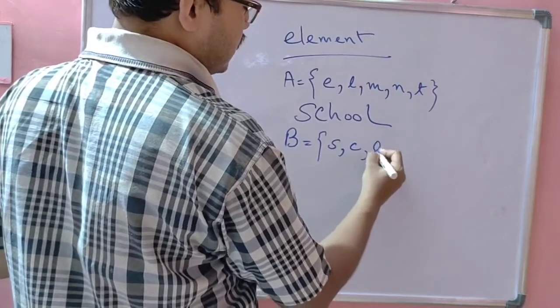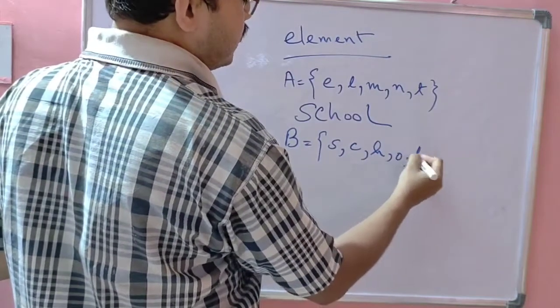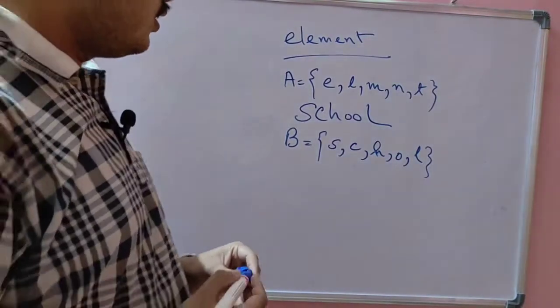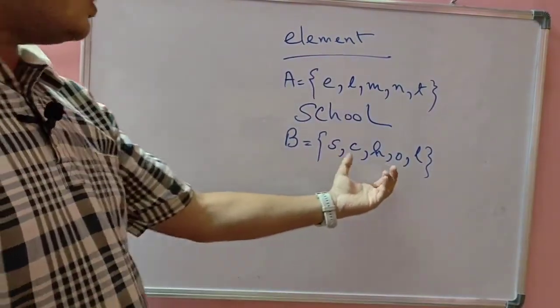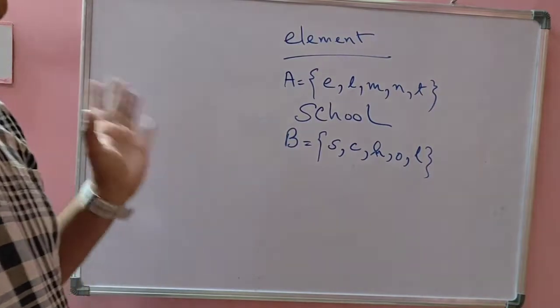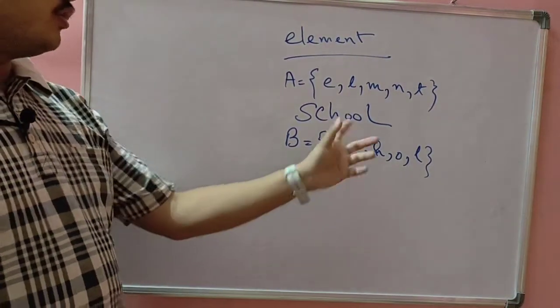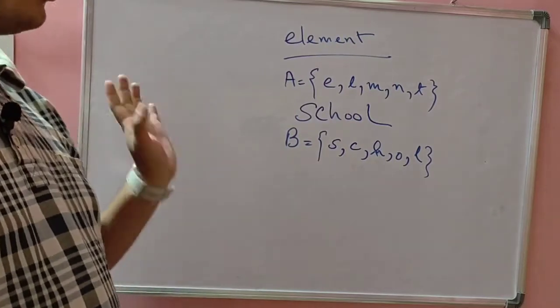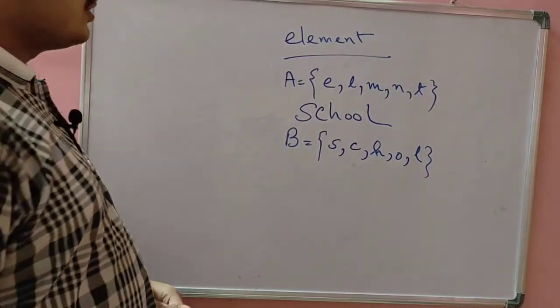S, C, H, O, L. The O will not repeat, because these are distinct elements. We only take the distinct elements; repetition is not usually taken into consideration.